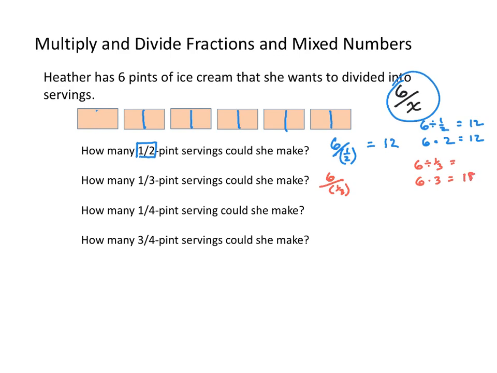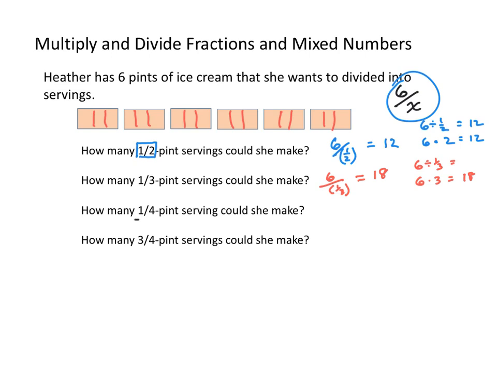So if I go back here and divide these into thirds, there should be 18 thirds. You see I'm taking 6 of these pints and multiplying each one by 3 because the servings are 1/3 as big. Okay, get the idea?